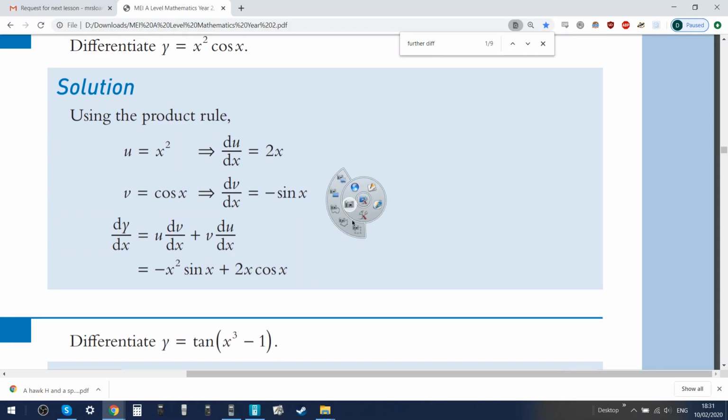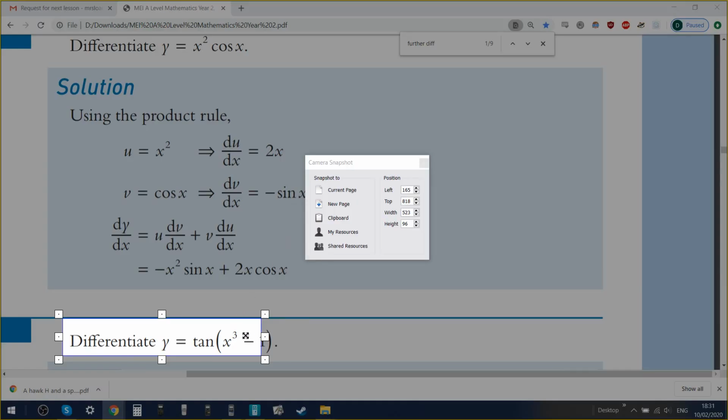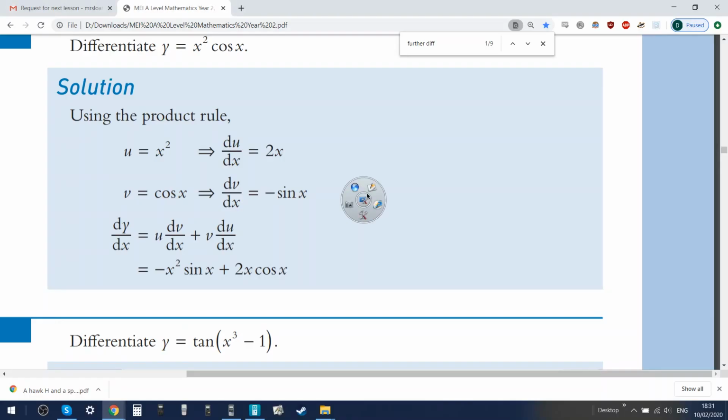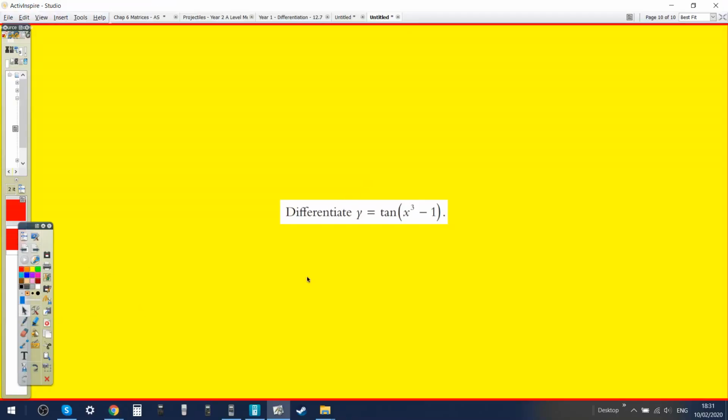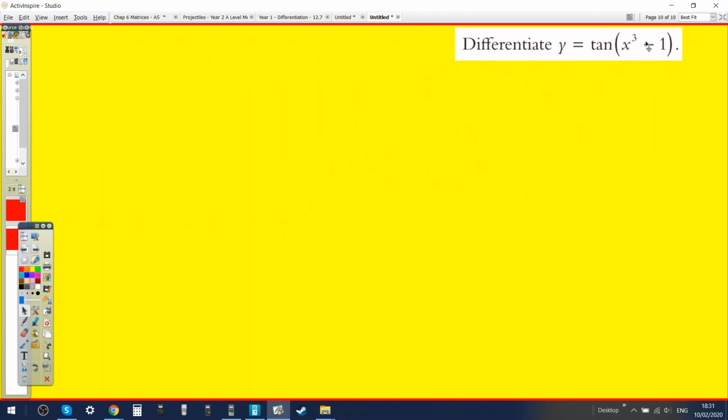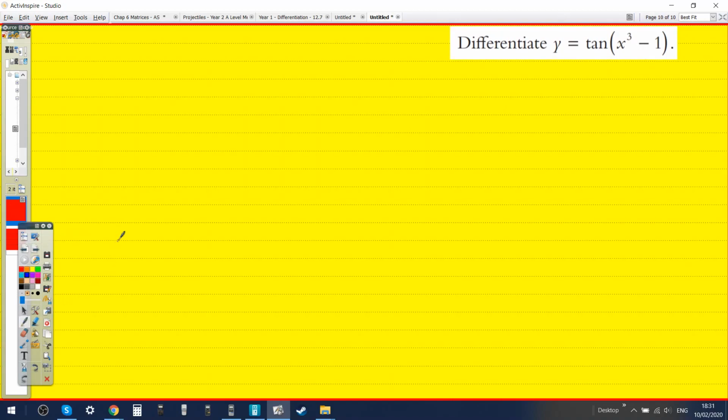Okay, how about this one? y equals tan of x cubed minus 1. So this is chain rule. So u equals tan, v equals x cubed minus 1.